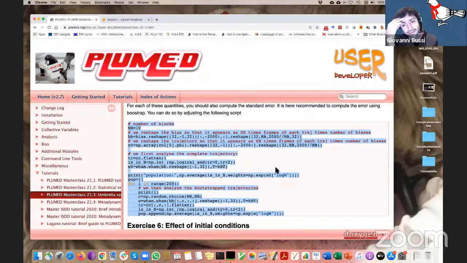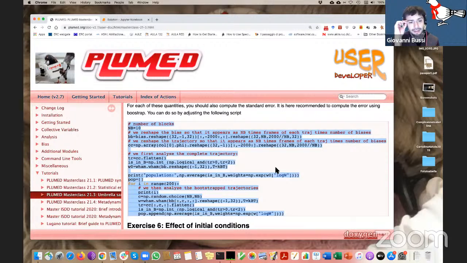I really encourage you to have a look at this now, and hopefully after the lecture it's clearer how it works, because this is really important. It's very important to be able to compute errors correctly, and this error calculation contains basically all the elements, all the blocks that you need to analyze any simulation.